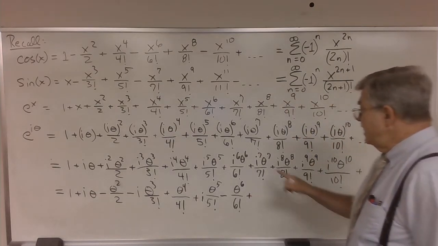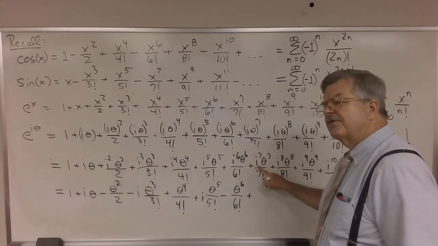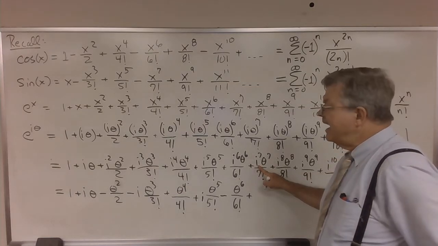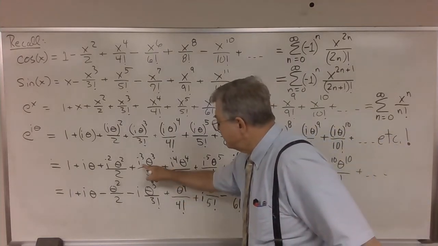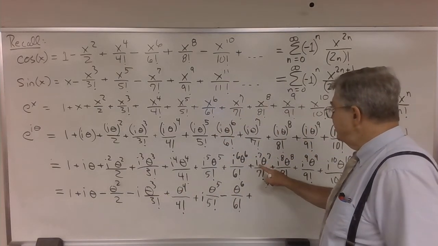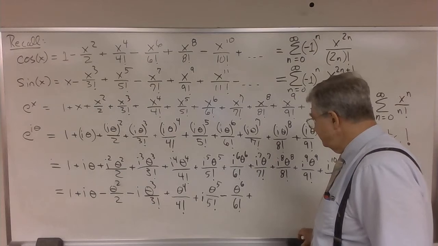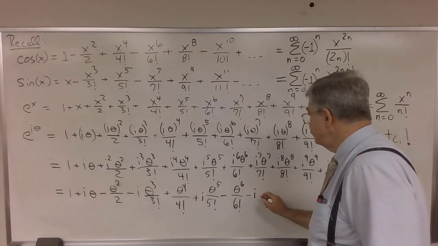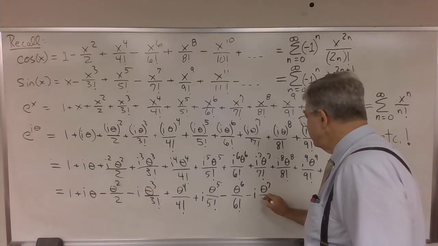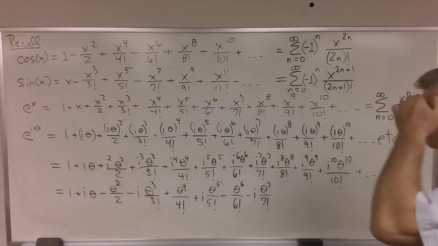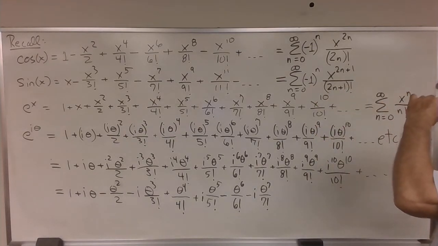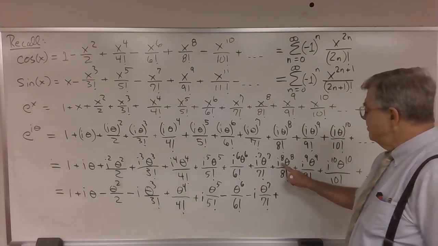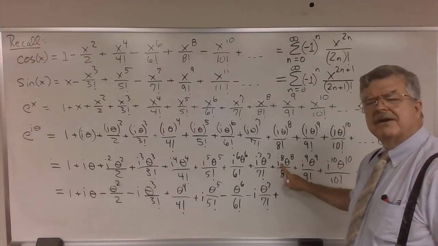And let's see, i to the 7th, that's i to the 4th times i cubed. And i to the 4th is 1. i cubed is -i. So i to the 7th is 1 times -i, so that's just going to be -i theta to the 7th over 7 factorial. And then we have i to the 8th, but i to the 8th is i to the 4th times i to the 4th.